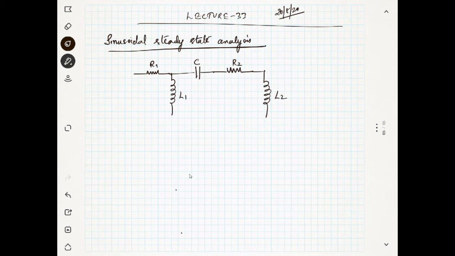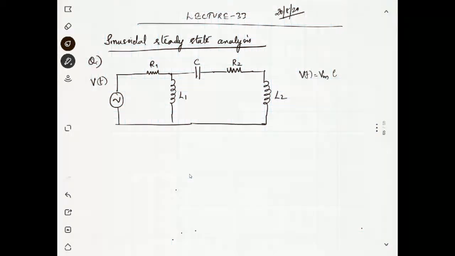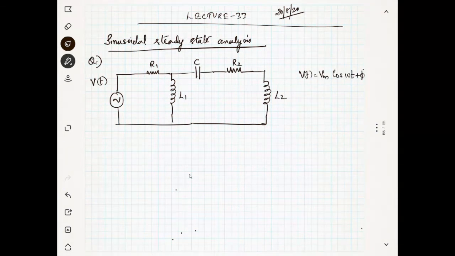Now you have a source V of t, and V of t is given by Vm cosine of omega t plus phi.